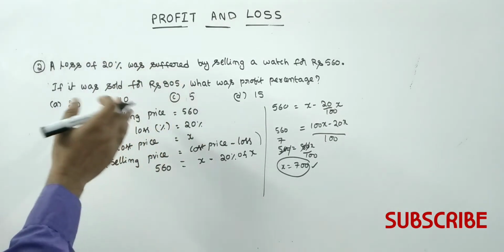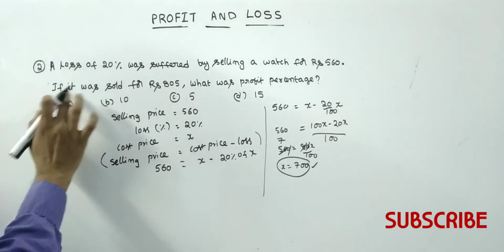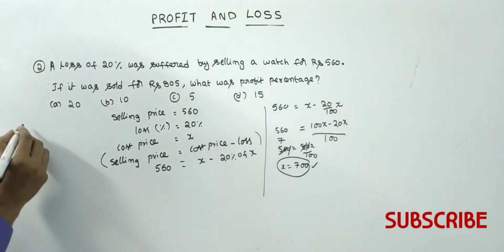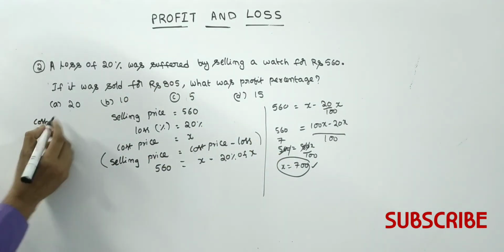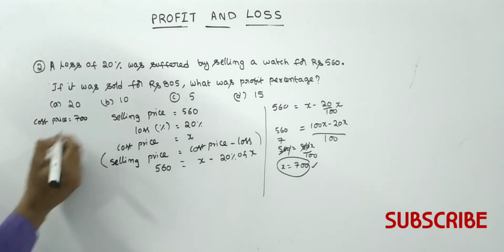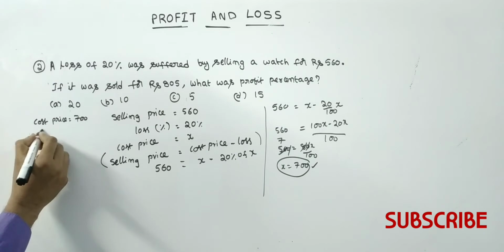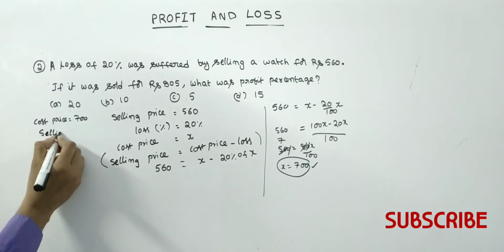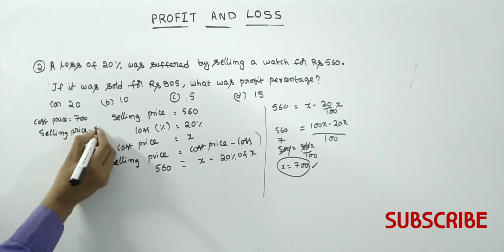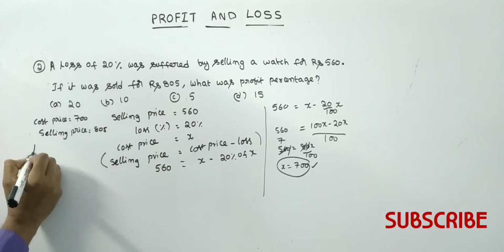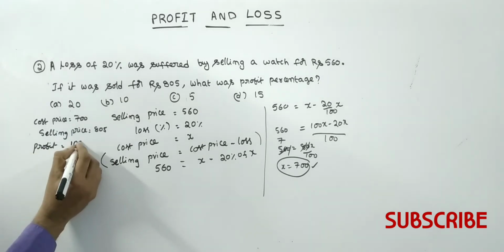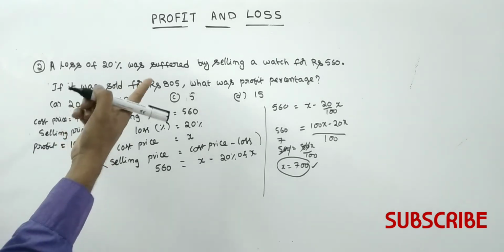Now you go to the problem. If it was sold for 805 rupees, actual cost price is 700. Then he has given that selling price is 805. That means profit how much? 105 rupees. Then what he is asking?